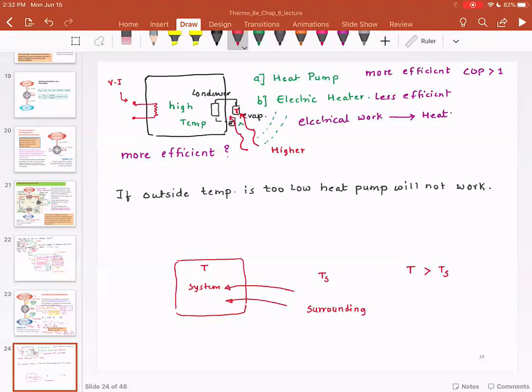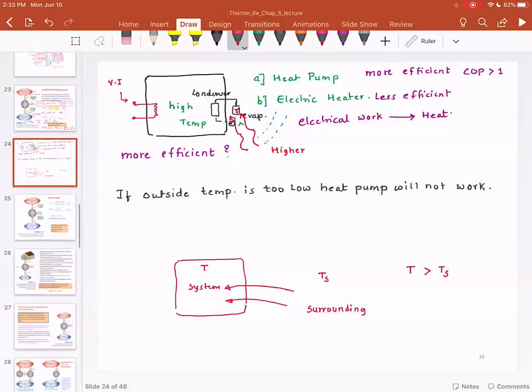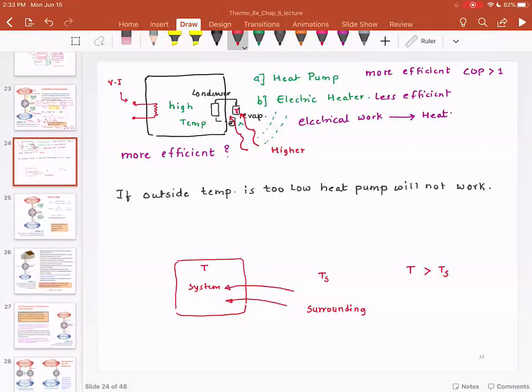And since you are creating the heat flow from the low temperature to higher temperature, you need to do work. That's why you have the compressor and everything that is causing this energy transfer. So always remember this: if you have a heat pump, it will be efficient, but it will not work at a very low temperature.